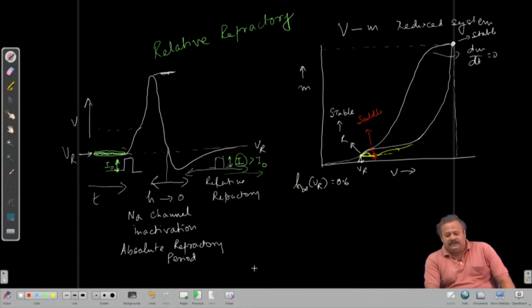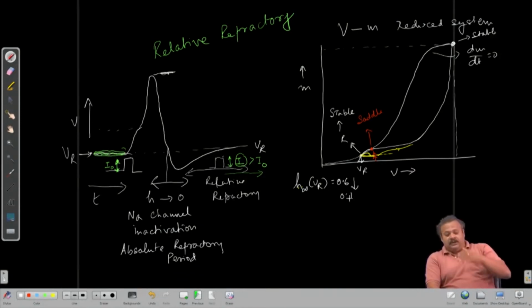Now, what happens is, if we consider that H is more or less fixed at the value it reaches towards the middle of the action potential, that is, when H has dropped down to about 0.1, let us say.